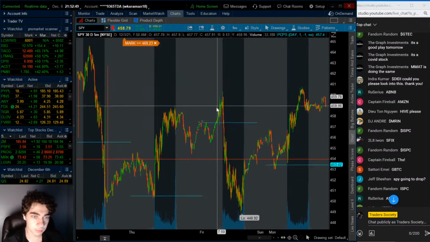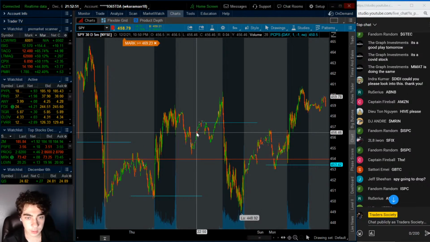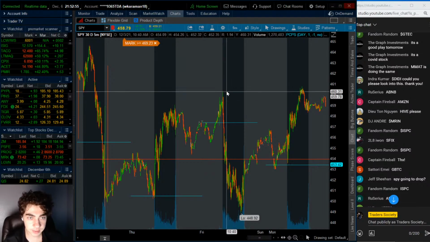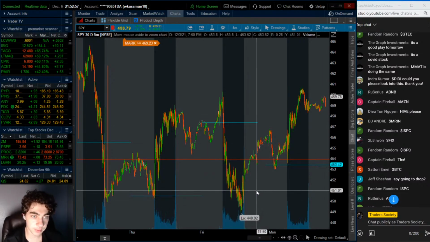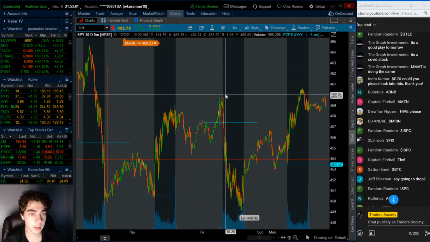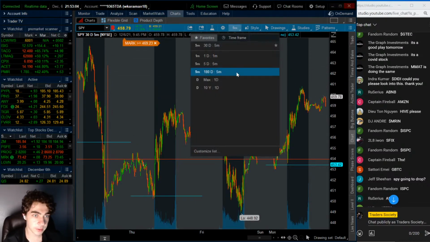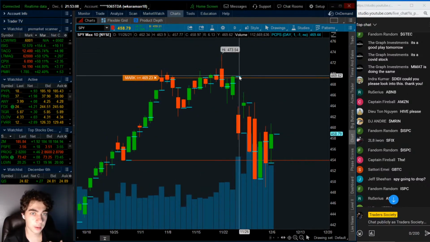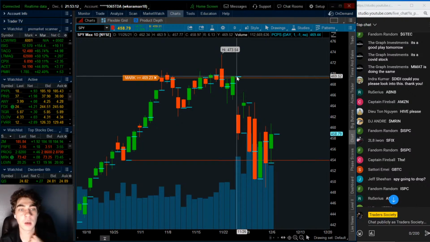Your overall channel is 450 to 460. If 460 reacts as a resistance, it heads back to the 450s and then is on track to go to 442 in time. Now, if 460 breaks out and turns into support, then it's going to be on track to fill this gap at 469.44, which would be the best price to buy the puts.